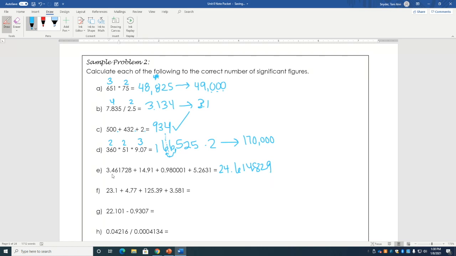This first number has 1, 2, 3, 4, 5, 6 places after the decimal point. This second number has 2. This one has a lot more than 2. And here we have 4. We have to round our answer so it has the lowest number of digits after the decimal point, which happens to be 2. Therefore, my final answer is 24.61.